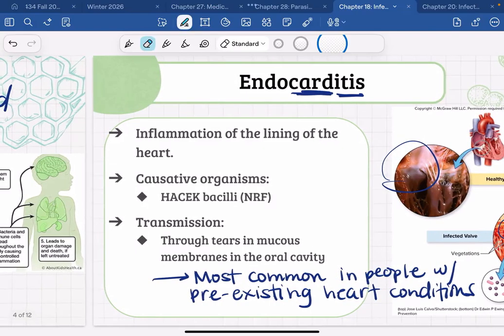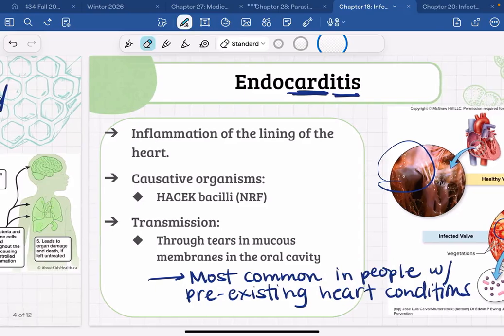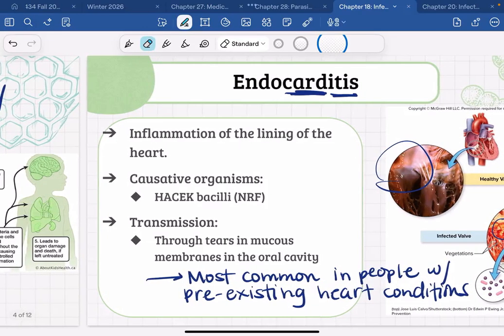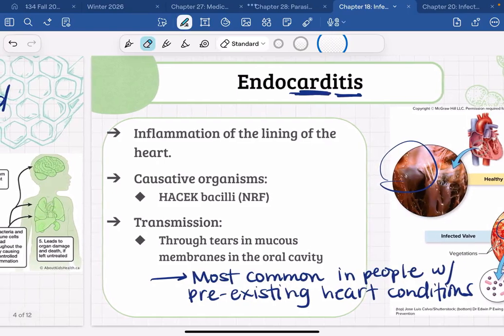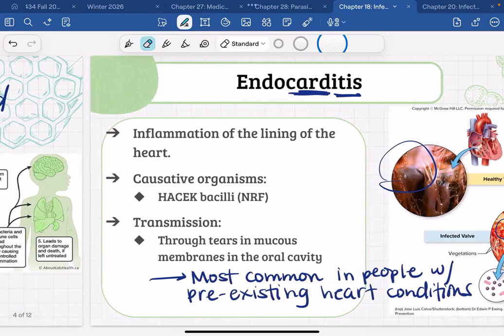Because when there are tears in the mucous membranes in the oral cavity, that HACEK bacilli that normally takes up residence in our mouths can get into the bloodstream through those micro tears in the oral cavity. And those tears in the oral cavity can be from something as simple as brushing your teeth too hard.